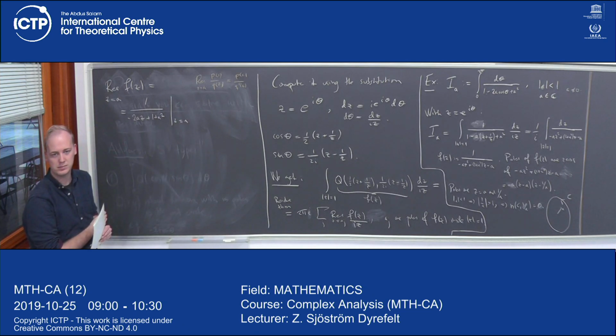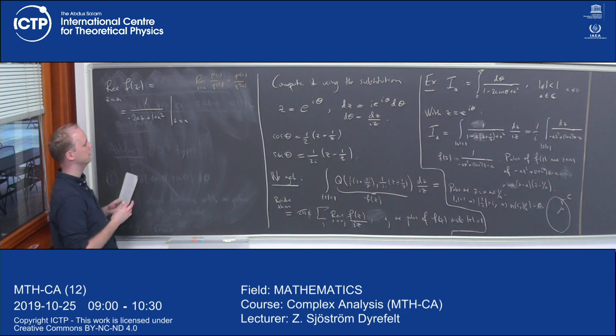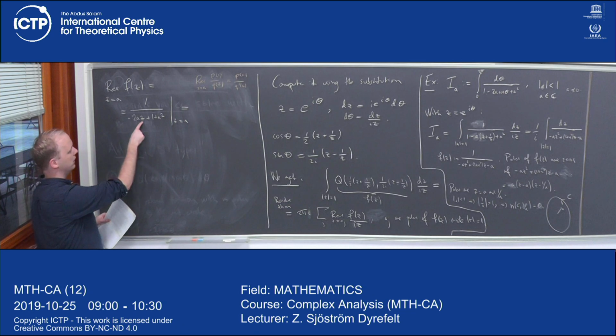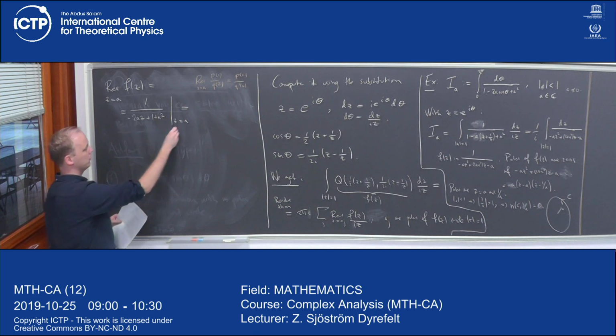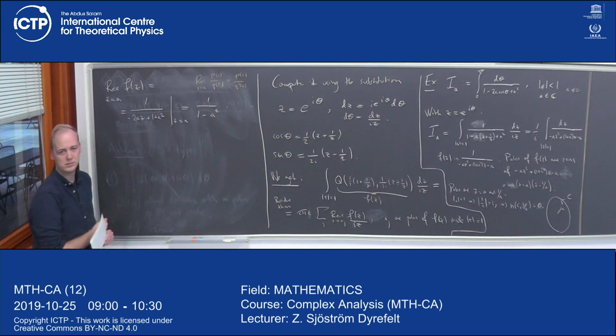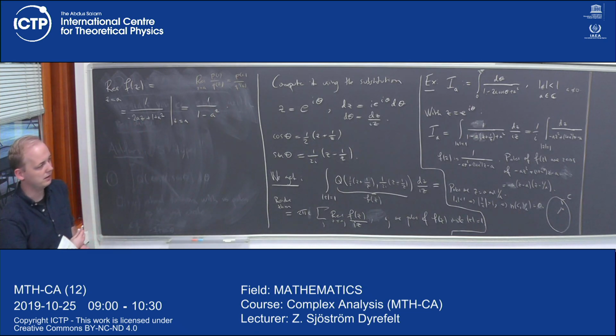Is that correct? 1 over the derivative of the denominator. And this is then equal to minus 2a squared plus 1 plus a squared, so it's equal to 1 over 1 minus a squared. So this is the residue at the only pole that is on the inside. Now we're happy about that.